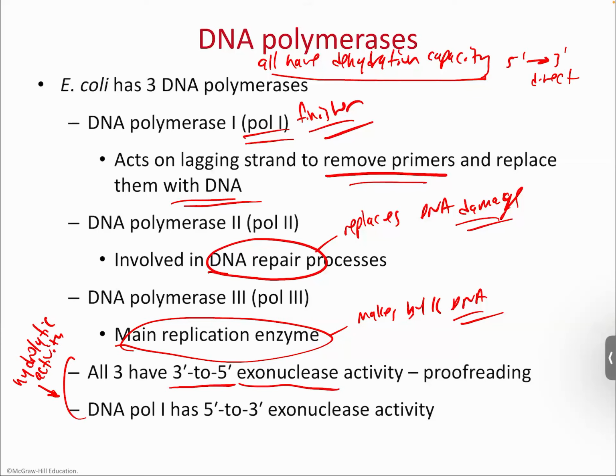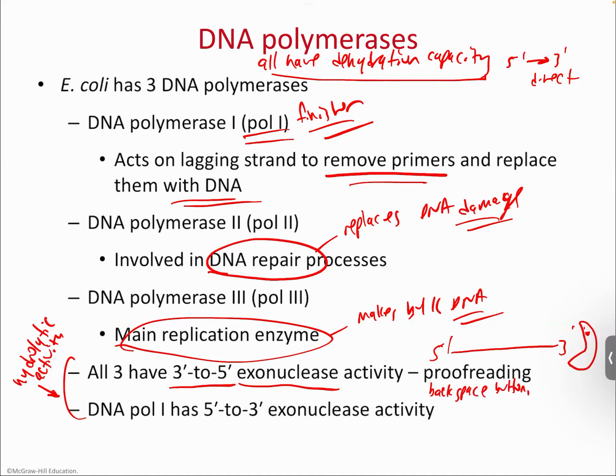So what does that mean? That basically means that if you have this right here, you've got a little exonuclease Pac-Man that can gobble up and chew off that 3' end. That's something all these polymerases can do. It's a lot like a backspace button.